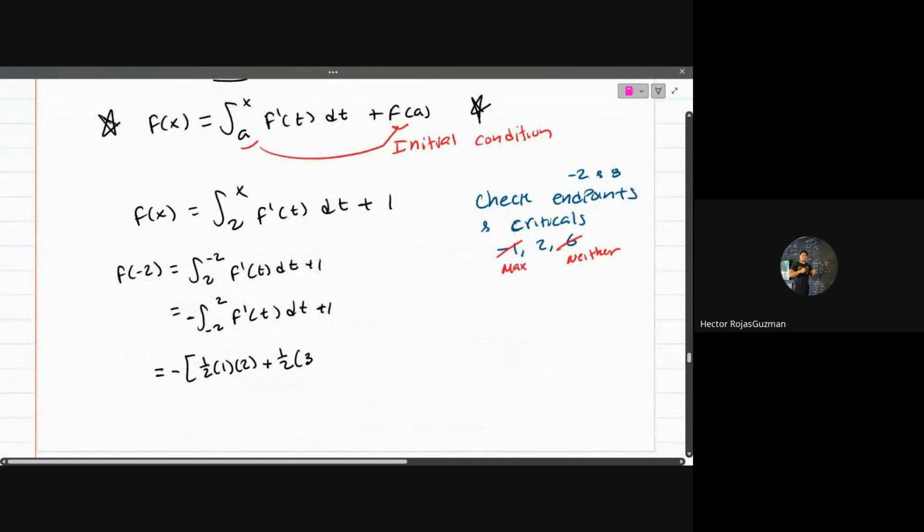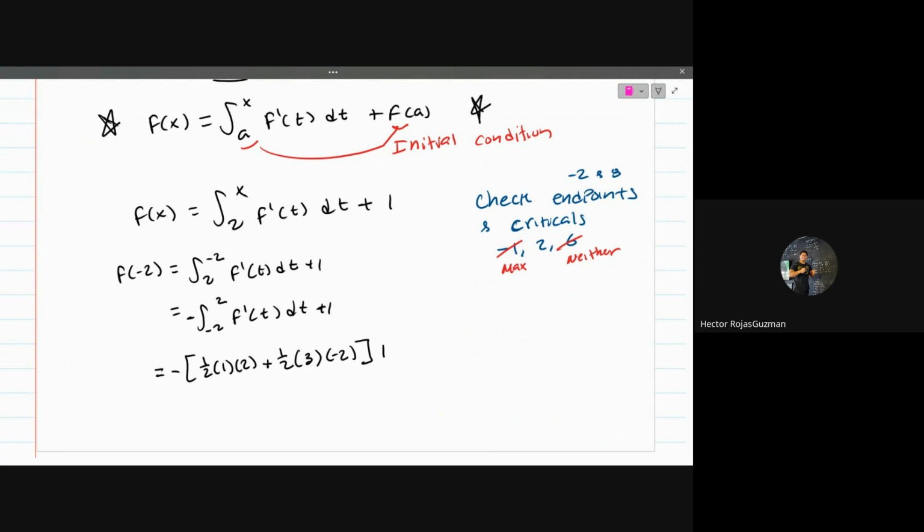The base is 3, and the height is -2. That's exactly what we need, because we need negative area. This is 1 minus 3 plus 1, which gives -2 plus 2, plus 3. Okay, here's the value for f of -2.